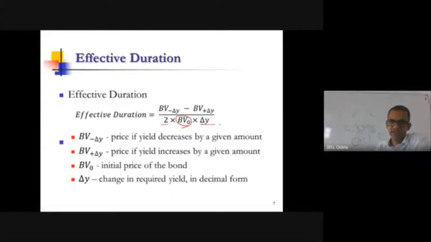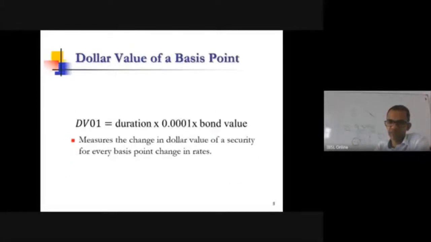Modified duration, we discussed. Modified duration gives you a relative value, percentage change. In all previous examples we discussed, modified duration is a percentage change. Then you have to calculate what would be the rupee value or dollar value.